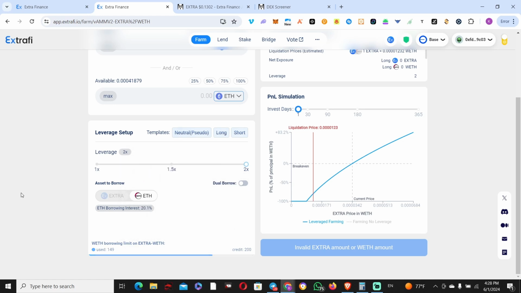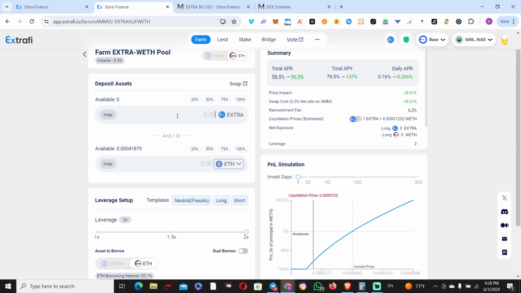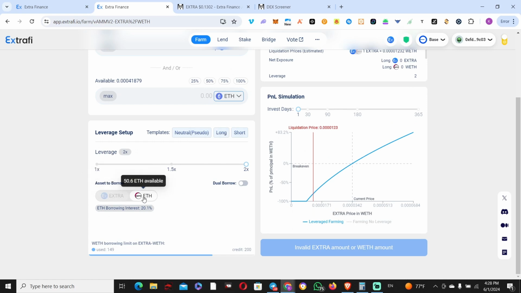So keep in mind that if you go above the borrowing limit, so let's say I put in 10K and the borrowing limit is 18K, but at 2x I need to borrow 20K, means I went above the borrowing limit. So if I push and go above the borrowing limit, that APR will turn negative. And that's something you don't want. For example, here it tells me that there's 50.6 ETH that I can borrow at 2x.